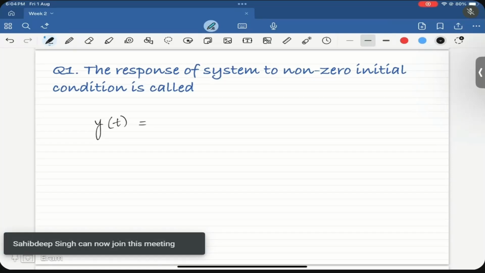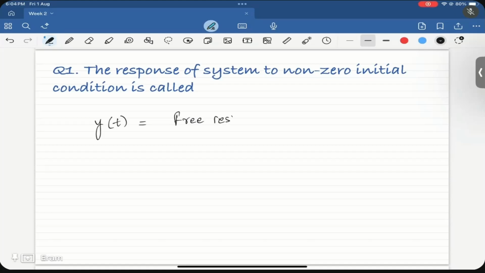For that we can characterize the response as the free response plus the forced response. The free response generally concerns the response due to initial condition and the forced response generally concerns the response due to the given external input.